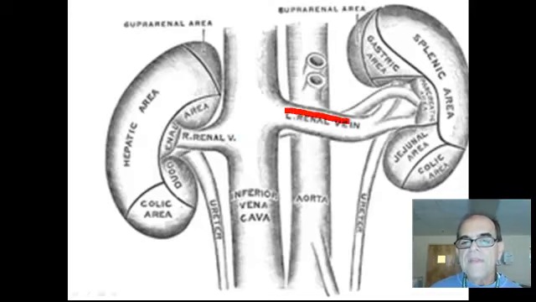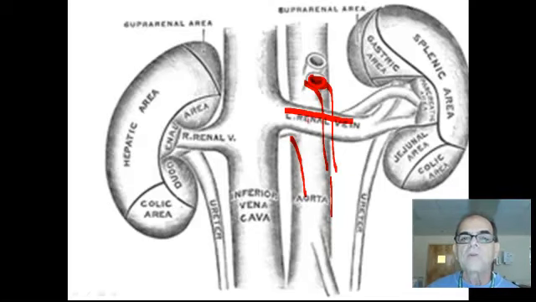This is the left renal vein, the only vein that courses anterior to the aorta, between the superior mesenteric artery, this one coming here, and the aorta.